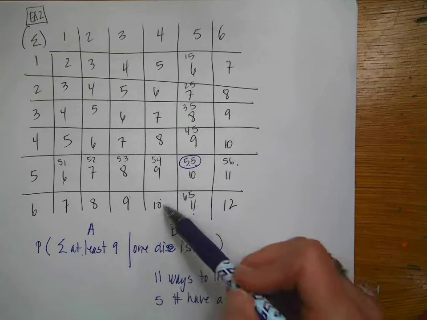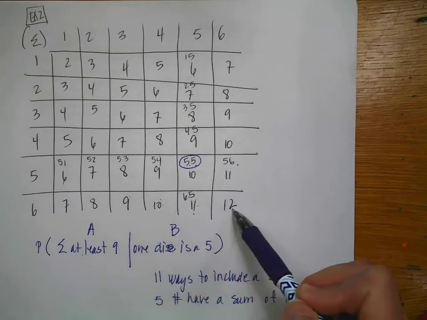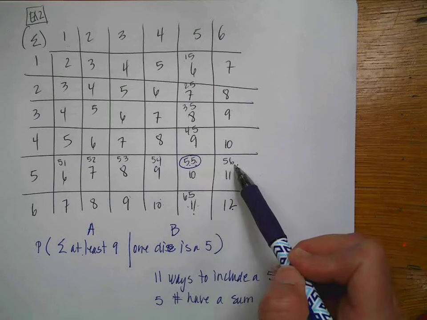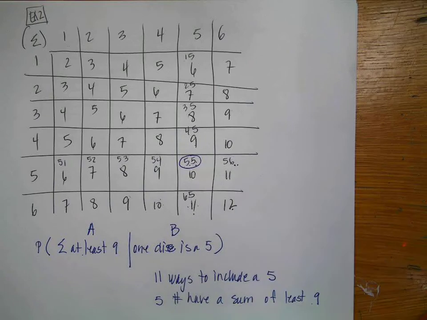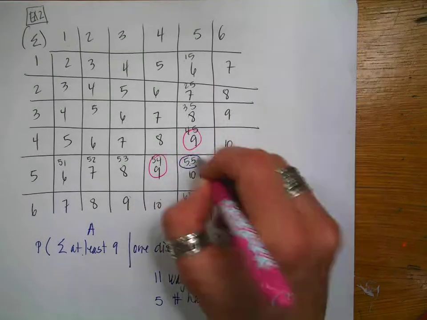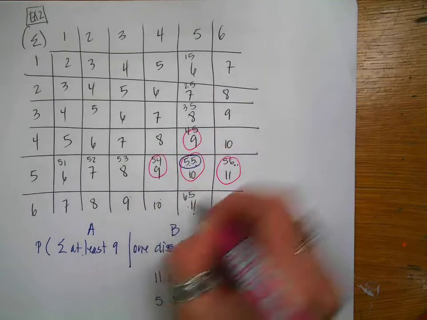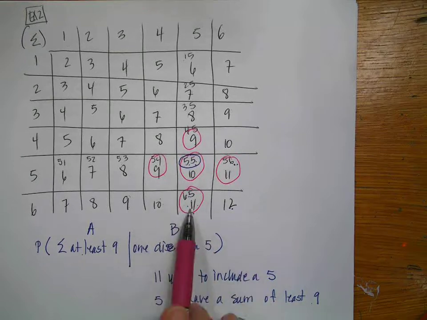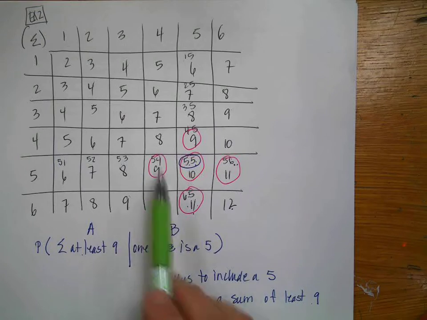So the sum is at least 9 means 1, 2, 3, 4, 5, 6, 7, 8, 9, 10, and 5 of those, 1, 2, 3, 4, 5, are going to be included, okay? So I'm going to just circle those so we can see those. So there's 1, 2, 3, 4, 5. At least 5 of the die that have a 5 in it have a sum that's at least 9, okay?